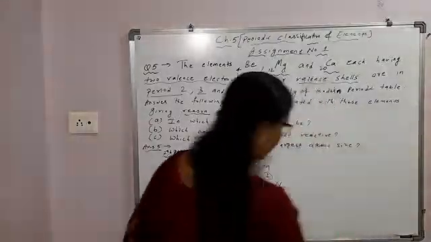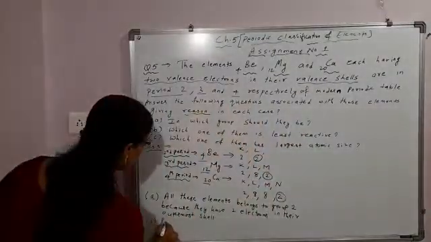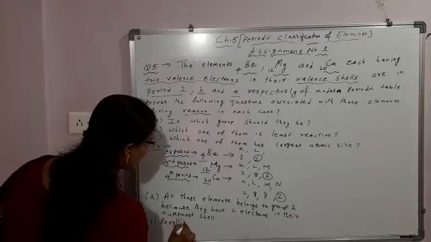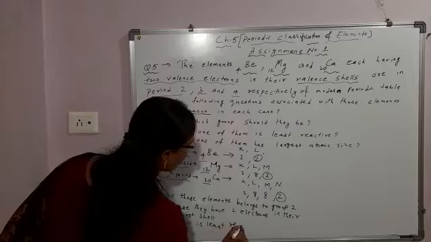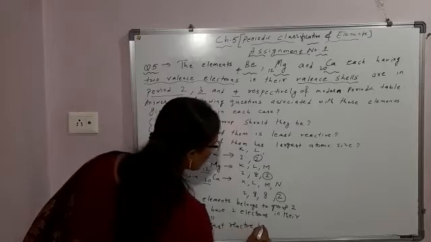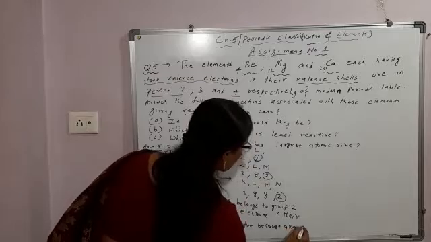And reason also you have to give. So which is least reactive? Beryllium is least reactive because atomic size is less.